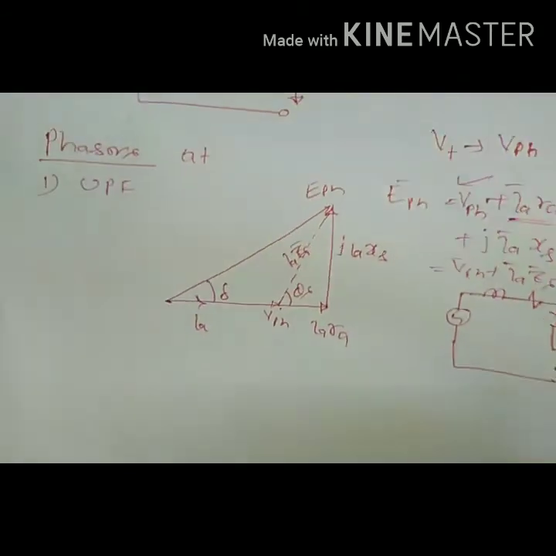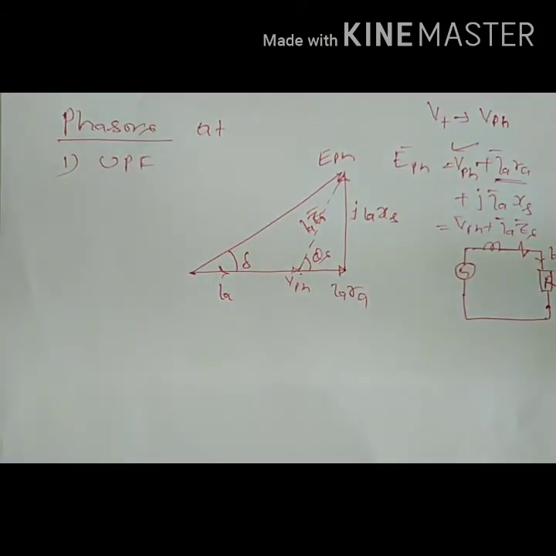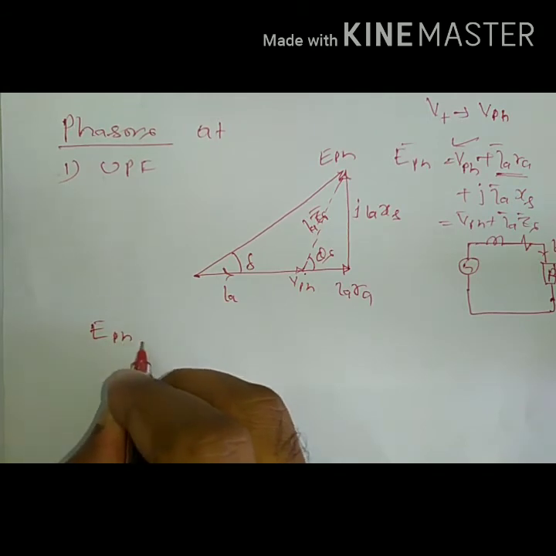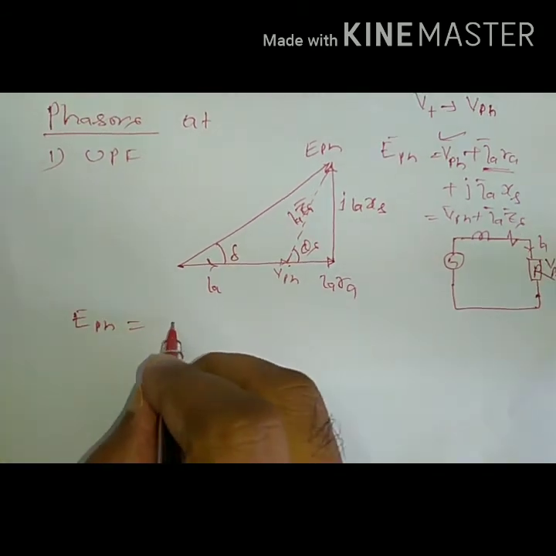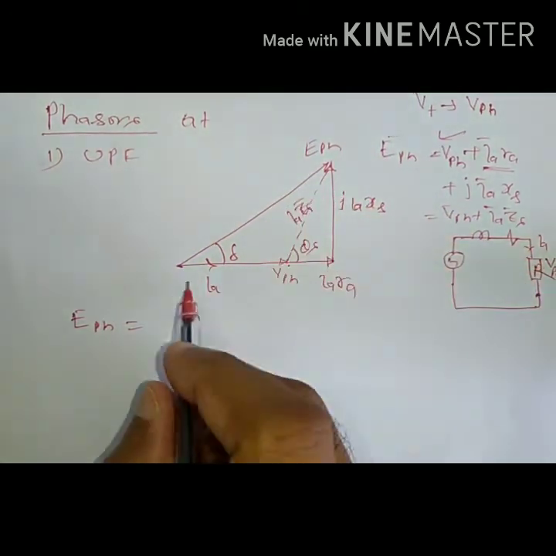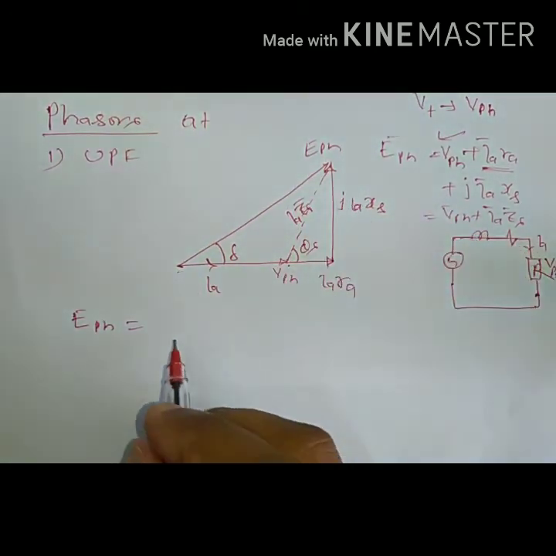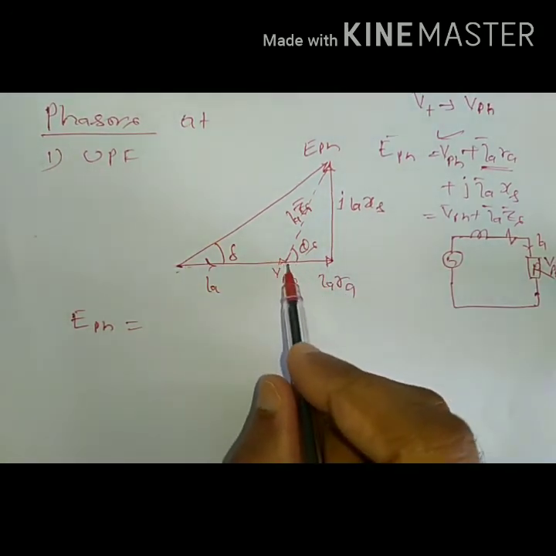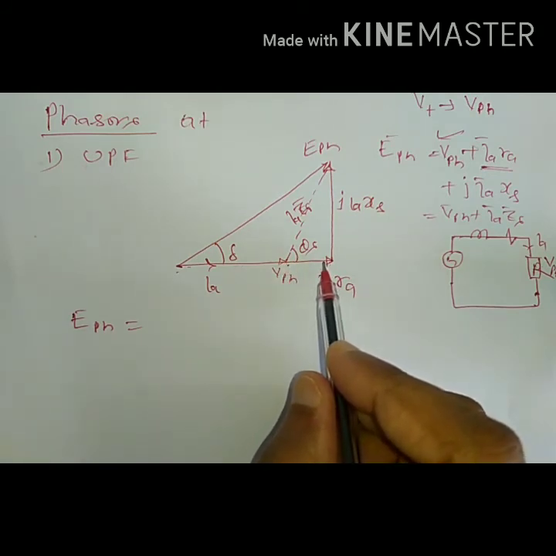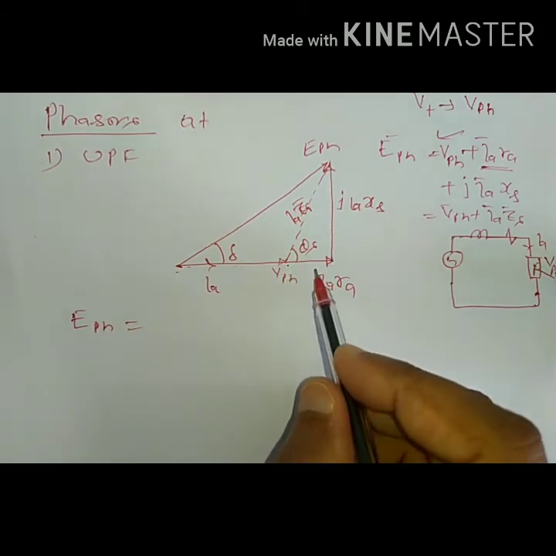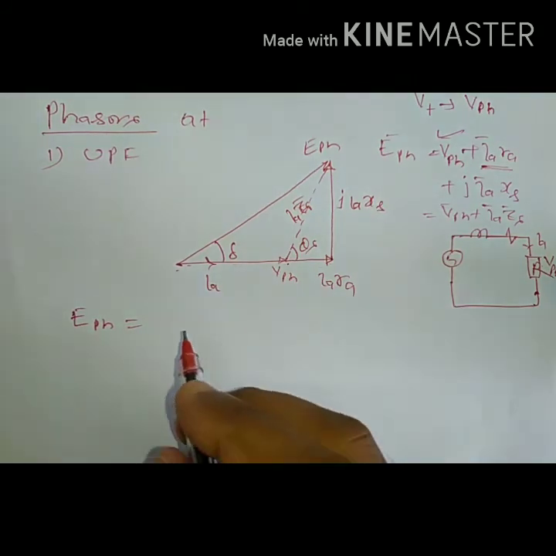So from here EPH can be obtained, and in terms of the triangle, the magnitude of EPH can also be written. In this right angle triangle, EPH equals this length plus this length. This length is VPH plus IaRa, and this perpendicular is IaXS.